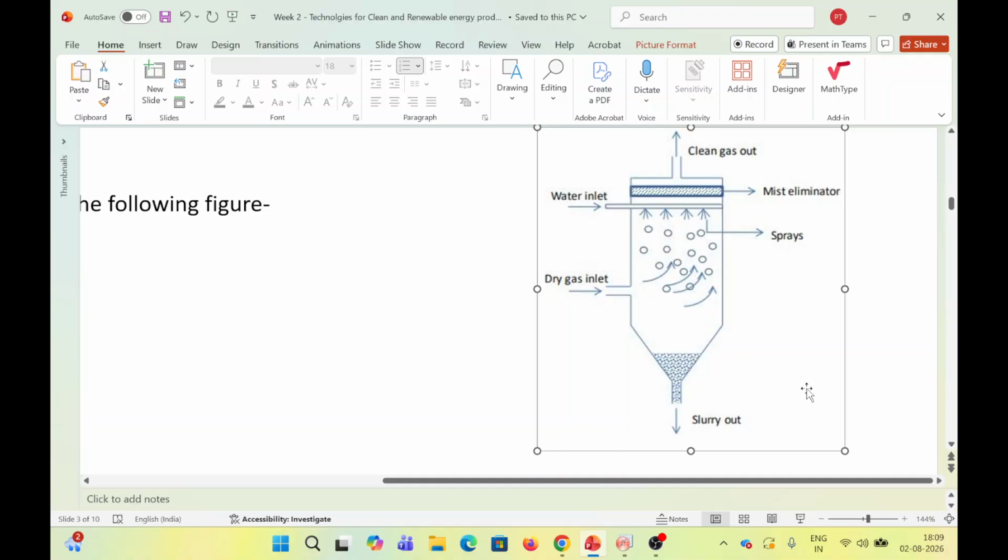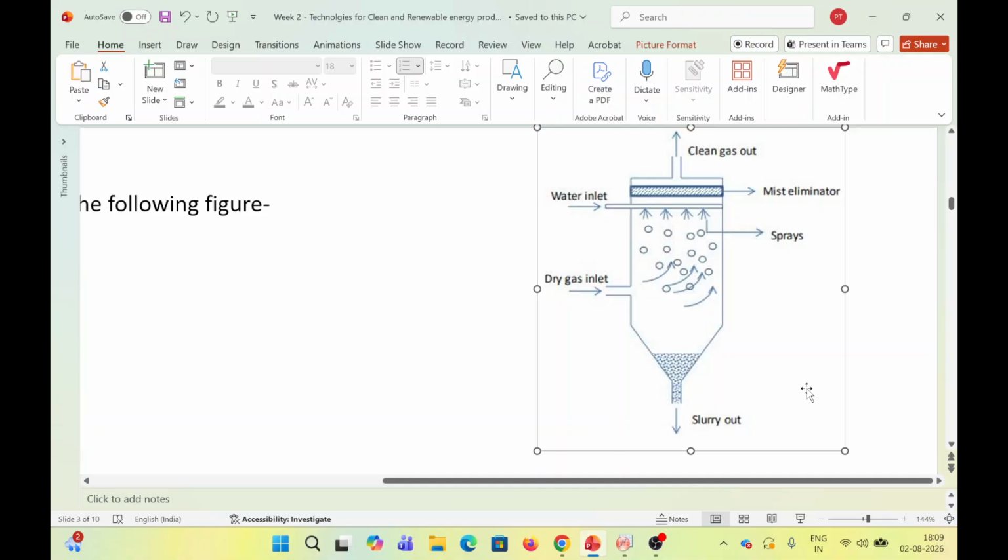Now if I put one more question: why is this water sprayed in the form of droplets? When you say water inlet and there are sprays, they are going to make the water in the form of droplets.